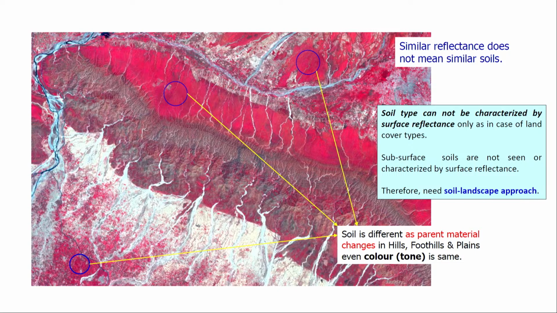So how can I map the soil? For that I can say we need an indirect approach, and we call it the soil landscape approach or soil physiographic approach.